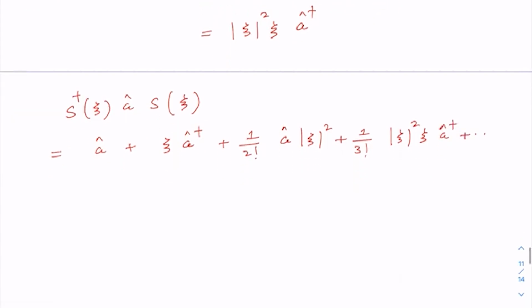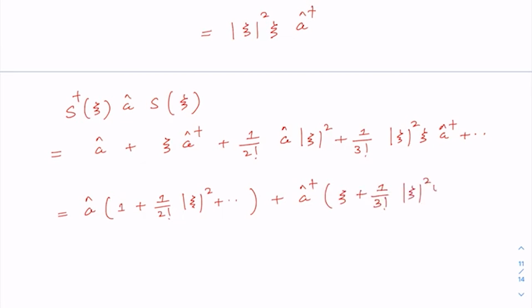So we'll have various terms. Now if I take a common, then I have 1 plus 1 by 2 factorial mod ξ square. I will get an idea about the series basically here, and I will have a dagger. If I take common, then I have ξ plus 1 by 3 factorial mod ξ square ξ, in terms like this.